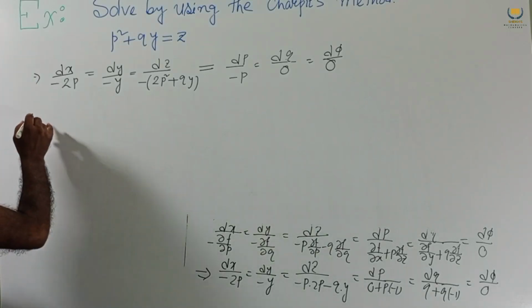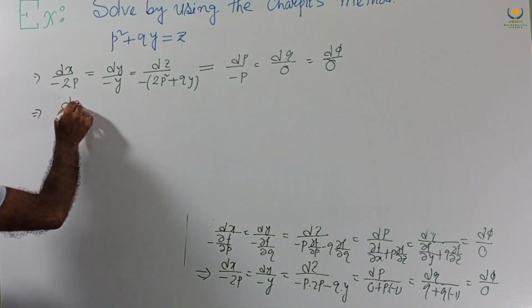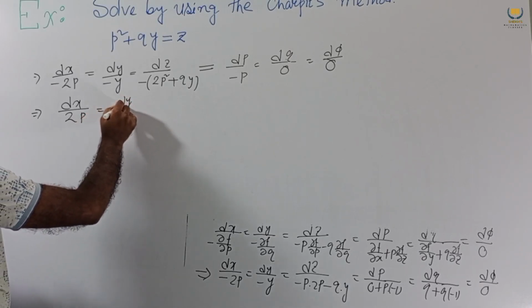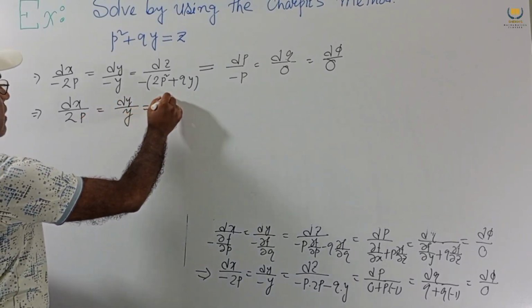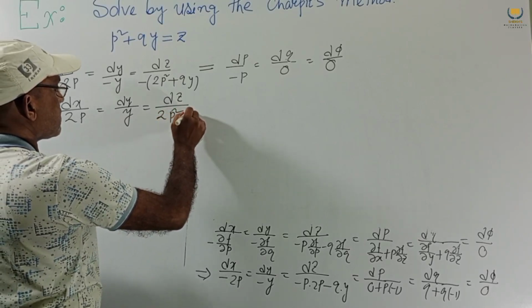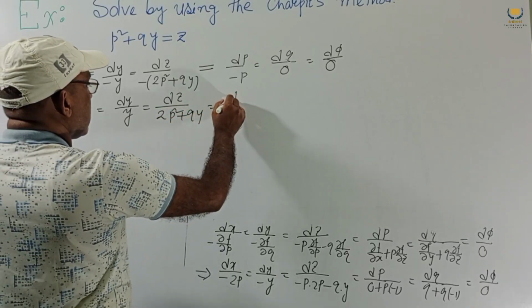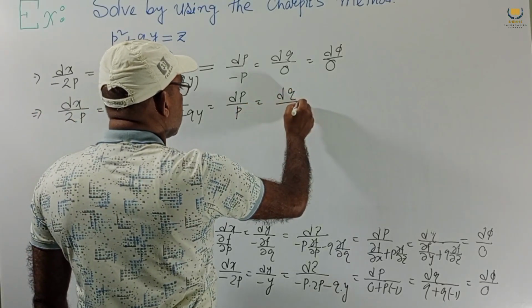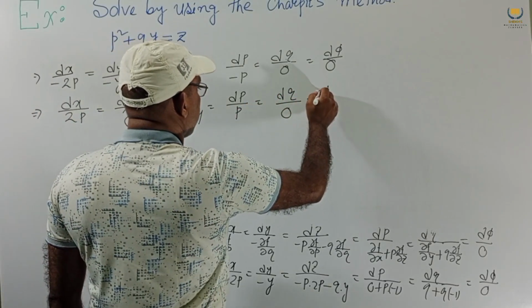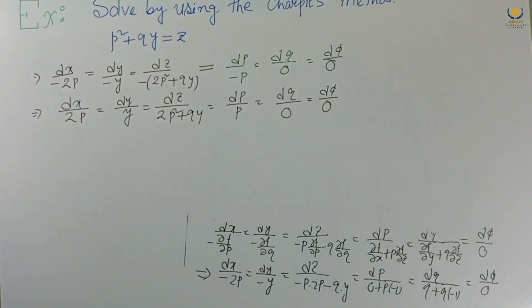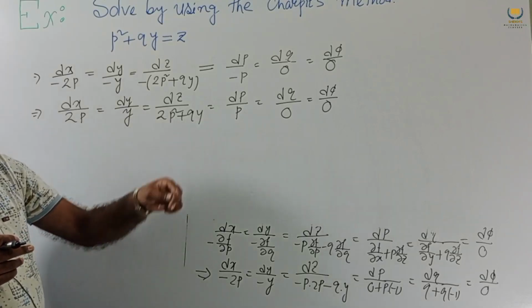Multiplying both sides by minus sign, then dx by twice p, dy by y, dz by 2p square plus qy, dp by p, dq by 0, d phi by 0. So we consider one simplest form from these equations.